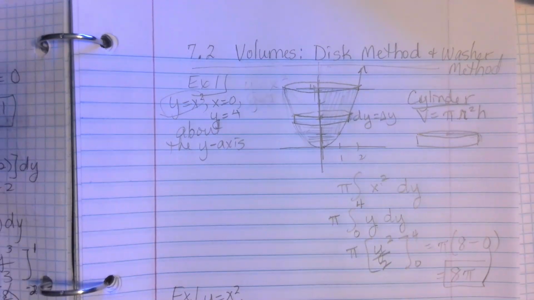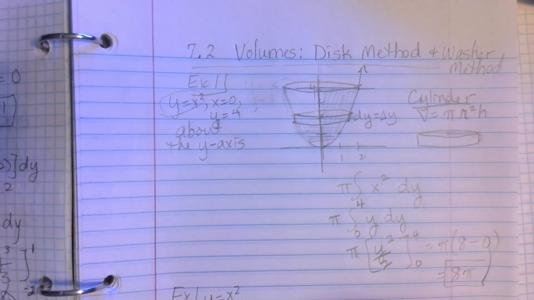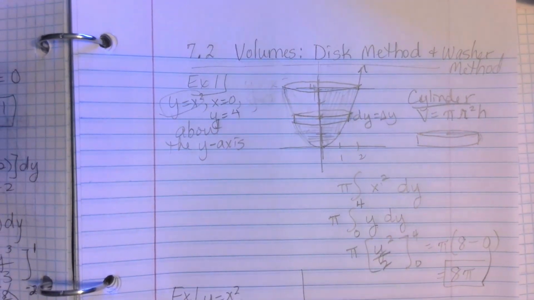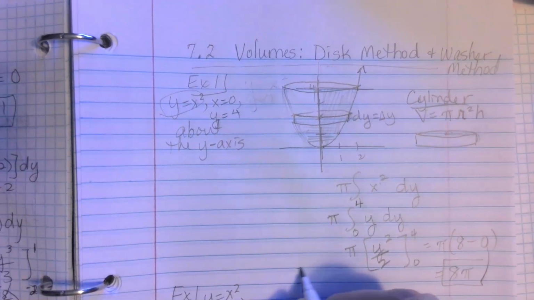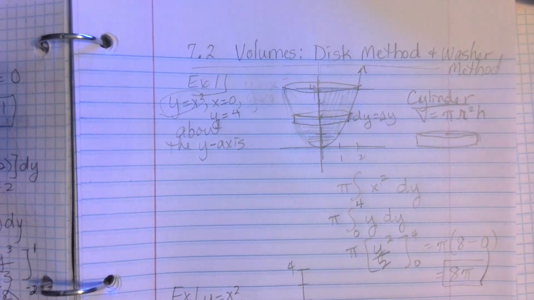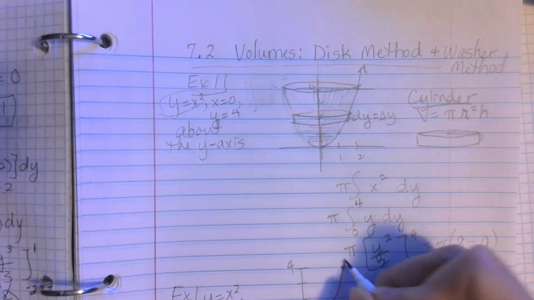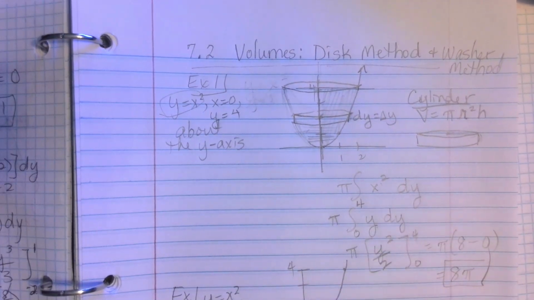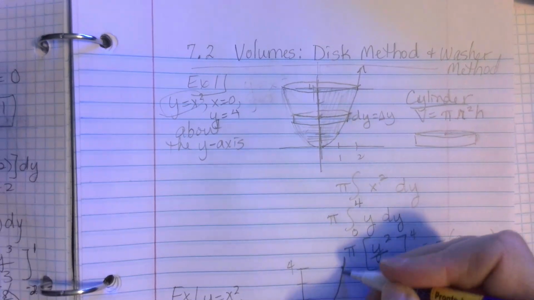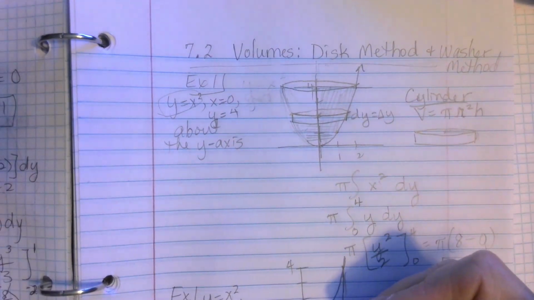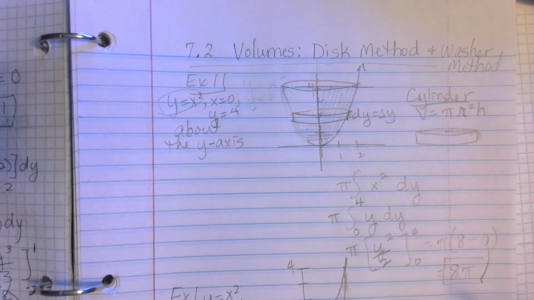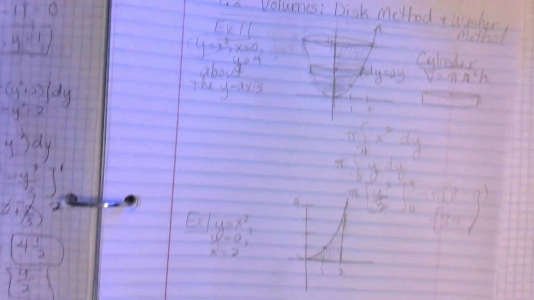We're going to take the region bounded by these values. 1, 2, 3, 4. 1, 1, 2, 4. Only in this case, we've got the horizontal line y equals 0 and the vertical line x equals 2. So even though we're using the same equation, we have a, oh great, it's not even on the screen.